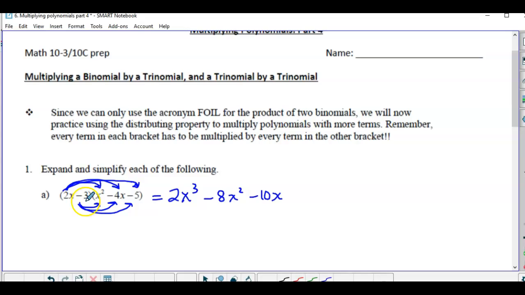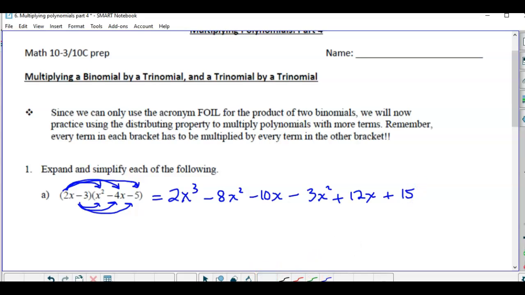And then take the sign in front of the 3, the second term. Negative 3 times x squared is negative 3x squared, so subtract 3x squared. Negative 3 times negative 4x is positive 12x, so plus 12x. And negative 3 times negative 5 is positive 15.